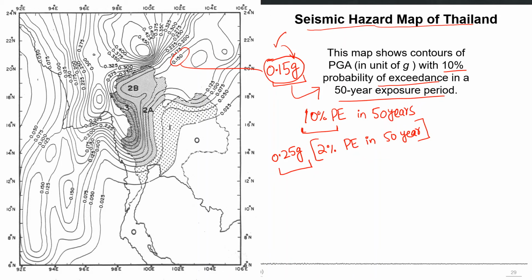So it is a more strict definition, and obviously the number corresponding to it will be higher. If you design on the higher number, you will have just a 2% possibility of exceeding it. But if you design on a lower number, the possibility of exceedance will increase.